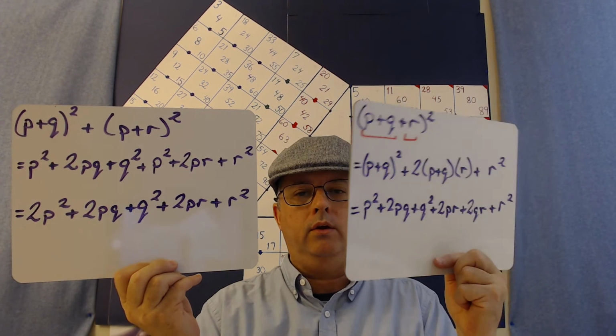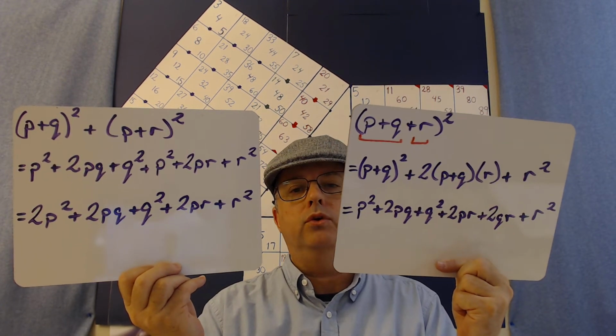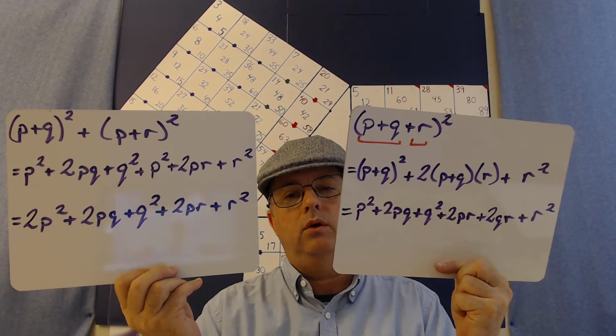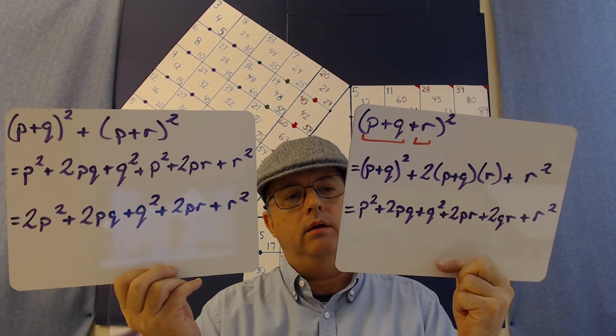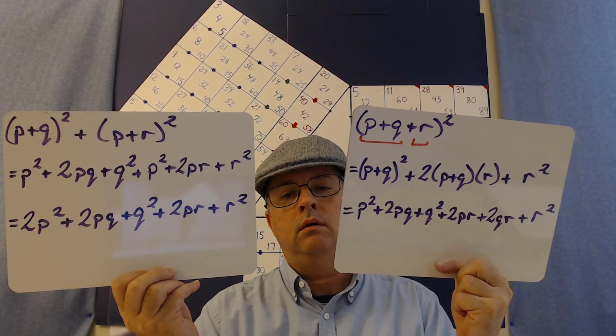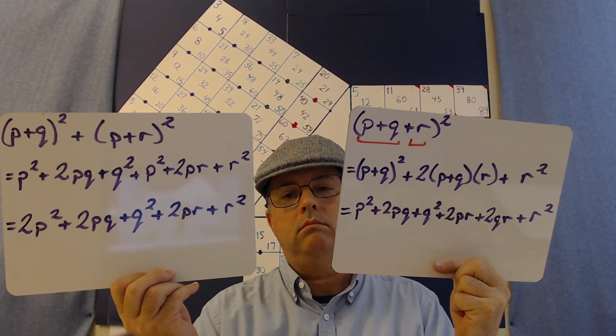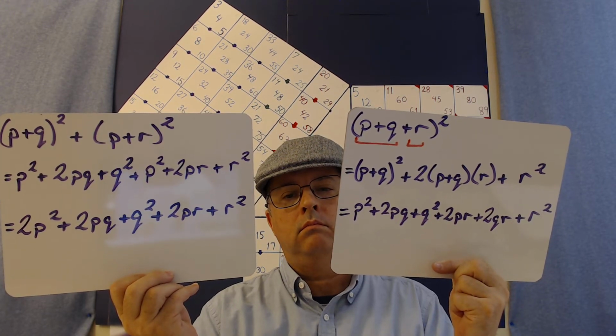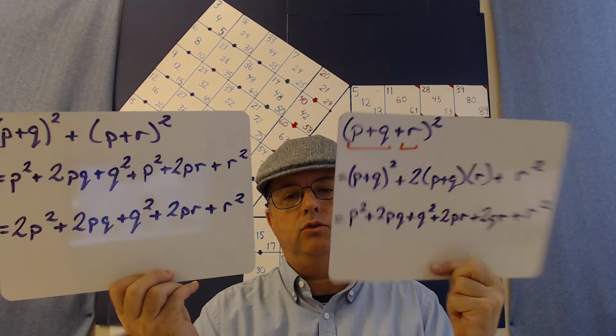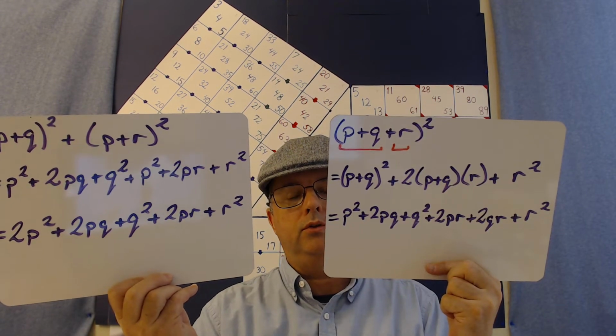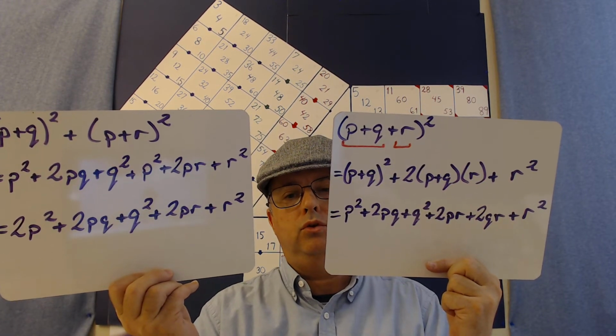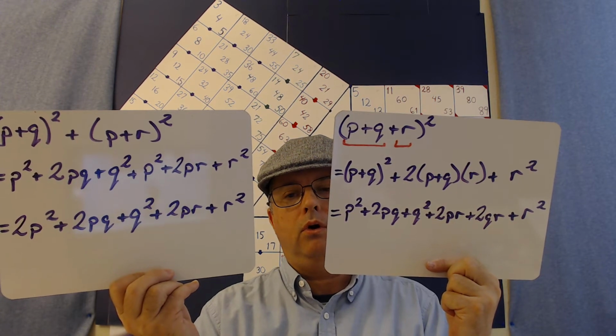And then over here for the p plus q plus r squared, we have p squared plus 2pq plus q squared plus 2pr plus 2qr plus r squared.